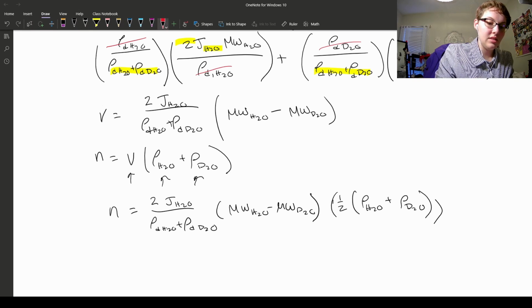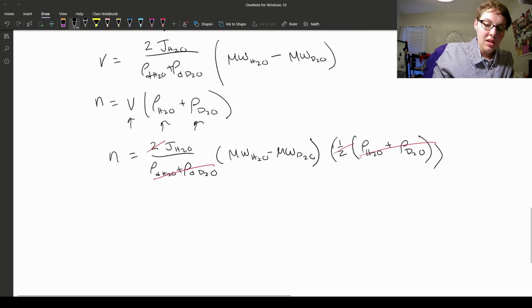And once again, you're going to see some stuff canceling out. You've got the sum of the densities canceling out, your 2 and your 1/2. And that leaves you with the total mass flux of the system being equal to the product of the molar diffusive flux times the difference between the two molecular weights.